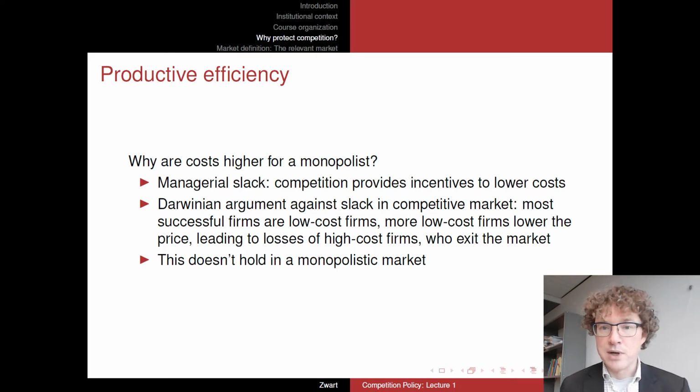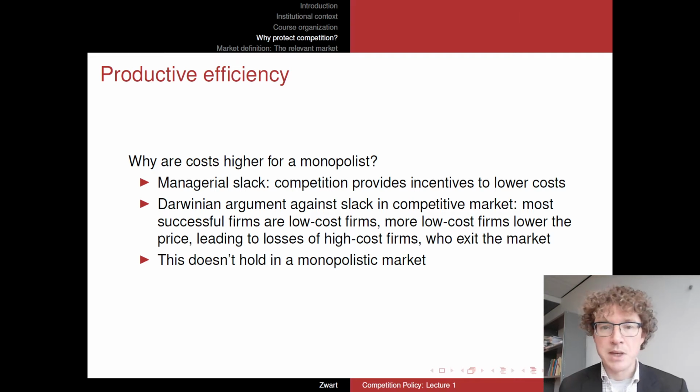If you are a monopolist, you might be satisfied with your achievements and with your cost level, but if you're competing, on the other hand, you will constantly be on edge to be a lower cost producer than your competitors, than your rivals.